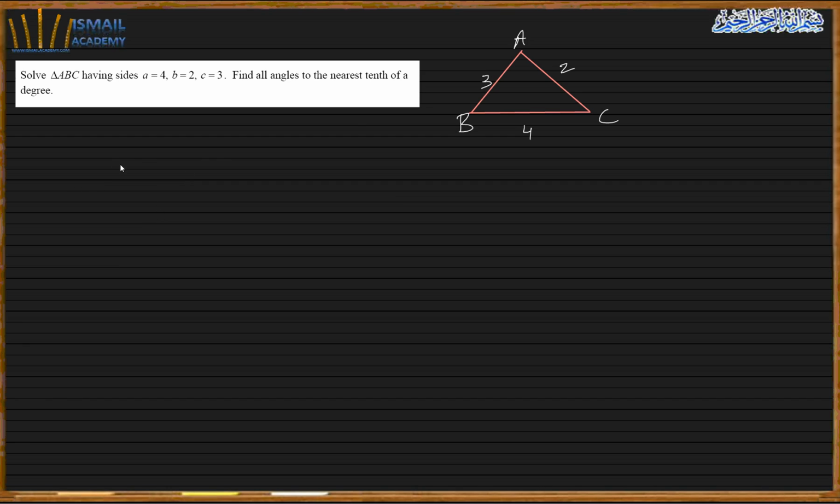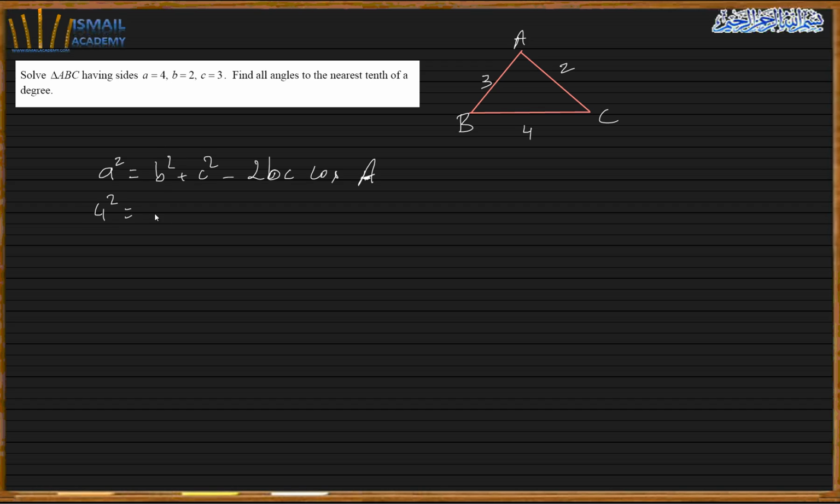The law of cosine states that the side A square, for example, is equal to B square plus C square minus twice BC cosine of the angle A, which is capital A. This is how to find the A. If this is A, I use the angle opposite to the side A. Here I have the values of B, C, and A, so I can find the cosine. I just need to substitute the values here.